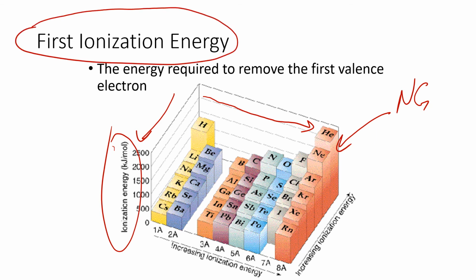Why would they require the most energy to pull off the first valence electron? It would be because they have a full octet or duet already, and they won't want to lose their valence electron. And don't say it's because it's the furthest on the right. I'm not looking for those types of answers, and if I see it, I will take off points or you won't get credit at all.